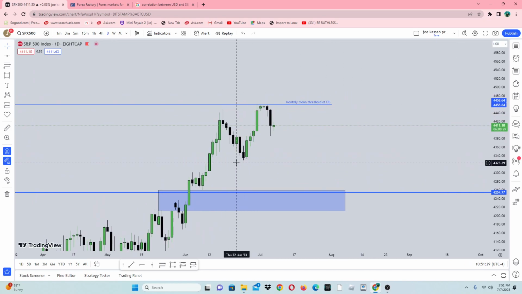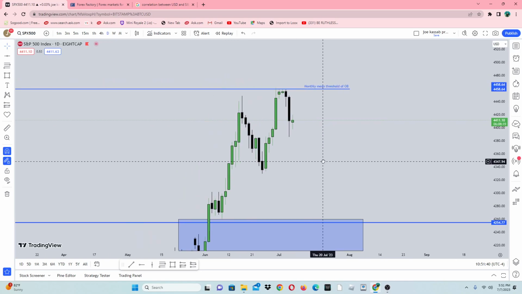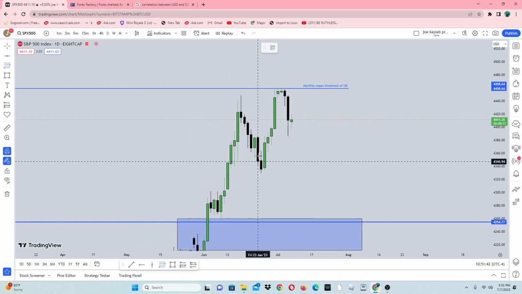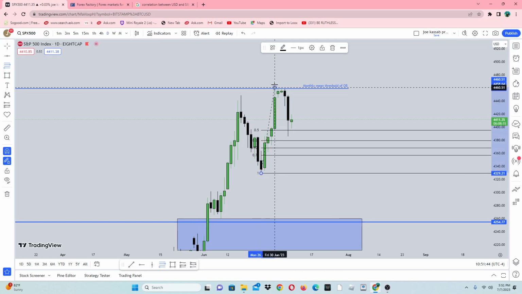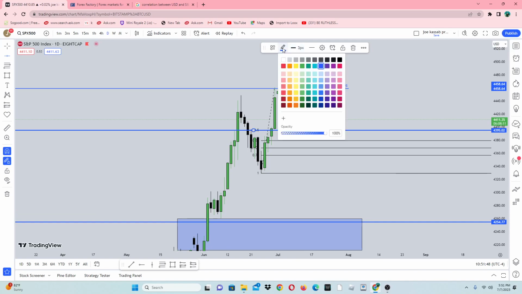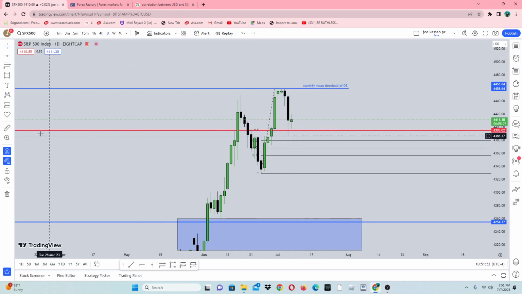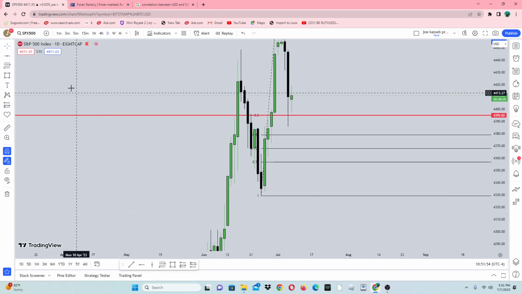Okay, if I go to the daily, we have this swing low and we've made this swing high. So if you can see, this candle and this candle did not break the high of this candle. So this is my swing low and this is my swing high. I mark the equilibrium in red, okay, and I mark a PD array below equilibrium.